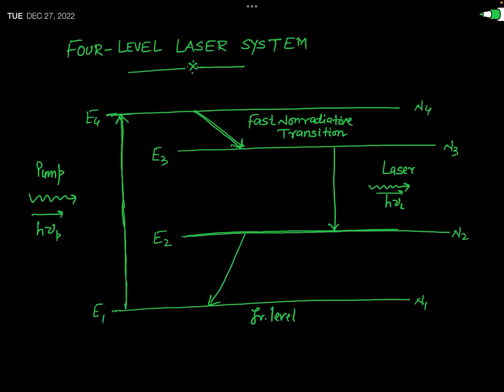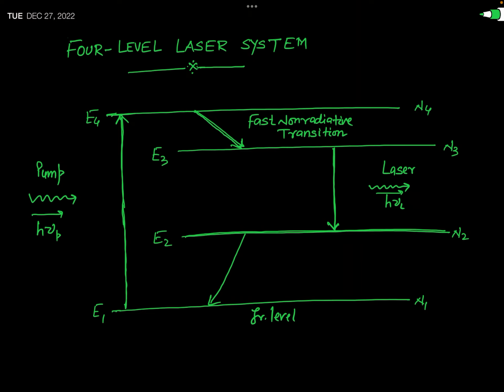The laser transition, that is the stimulated emission of radiation, takes place between E3 and E2, as I have marked by this arrowhead, and the laser light is emitted.